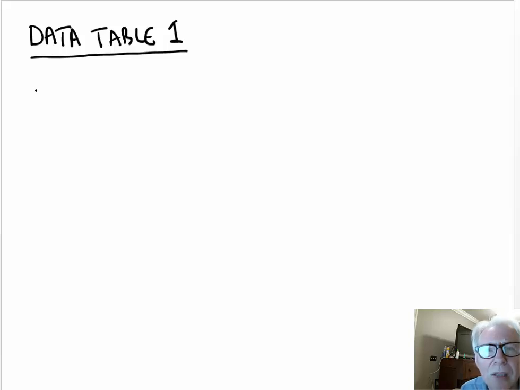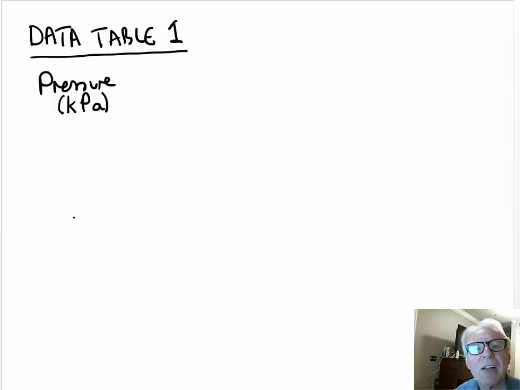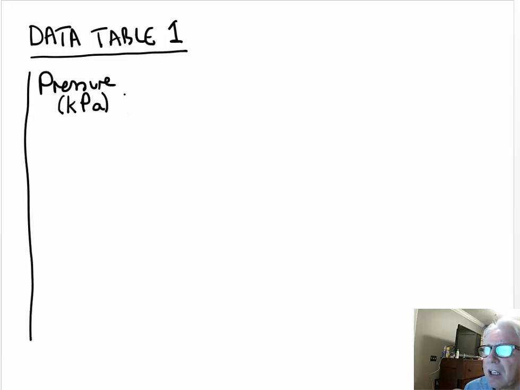So I think it's much better, much cleaner, if we write down pressure. And we're going to record the pressure in the units that the system gives us, and it turns out that this system gives us numbers in kilopascals. Now Pascal is the SI unit, but kilopascal is 1,000 times bigger. Don't do the conversion, just make a column with pressure in kilopascals.